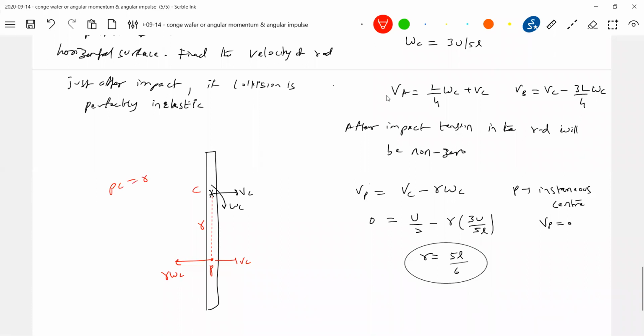So that particular point, the point whose velocity will be 0 at that instant, will it lie on the rod or outside the rod? 5L by 6 should be less than L by 2. Okay, should be less than 3L by 4. So it will be like 0.8L.